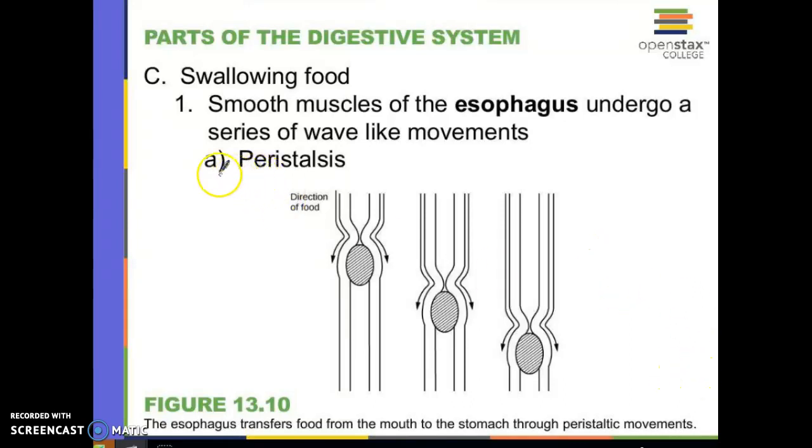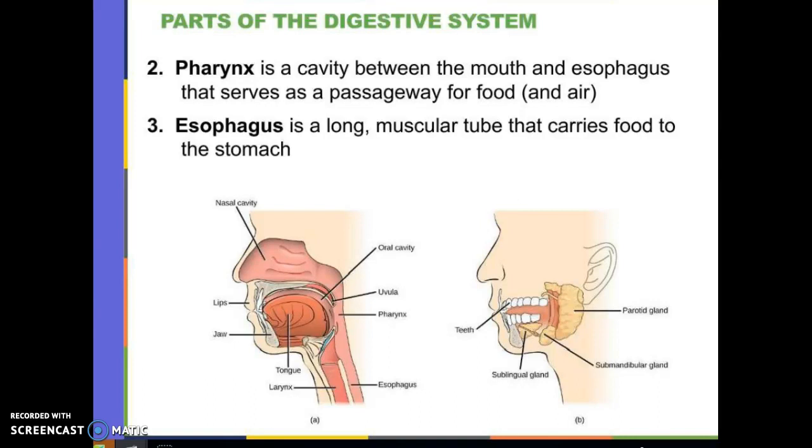There's something called peristalsis, which is this wave-like action that carries that food down to the stomach. So that series of waves, that peristalsis, helps to move food from the mouth down to the stomach, where further digestive processes can occur.